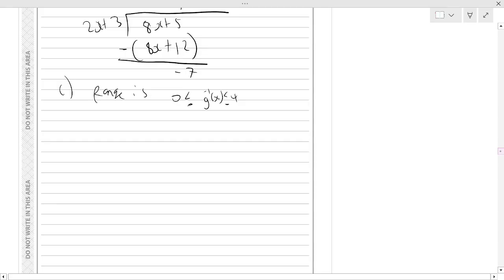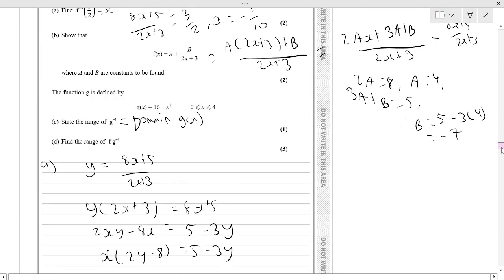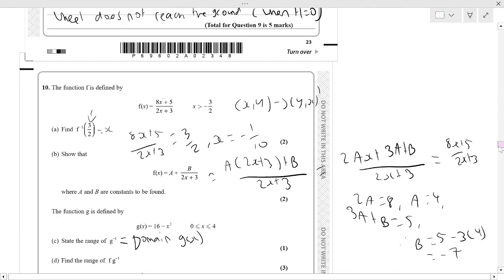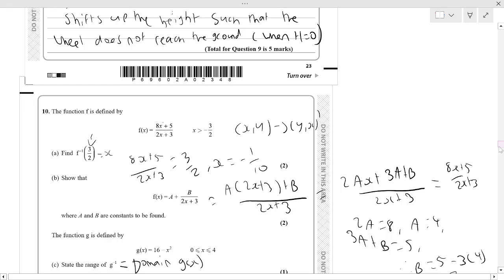Not x, because it's the range, it's basically almost like y, g inverse of x. So it's a range of values you get of the function, which is just g inverse of x. So you make sure you put g inverse of x, not just x or anything like that. And don't put y either.